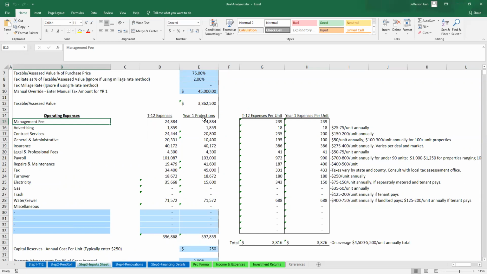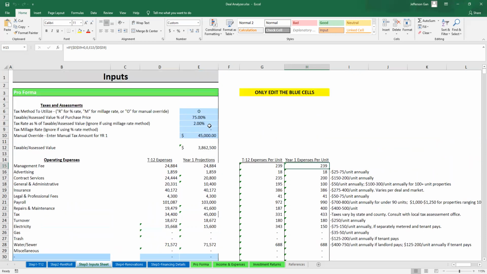Then what will be your projections on your year one? Then you will also see here, let's say, the expense per unit. So these are just rule of thumb that you might still want to check with your local property management company that you're working with. So these are the input section.